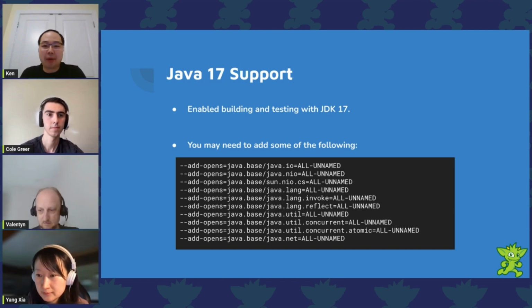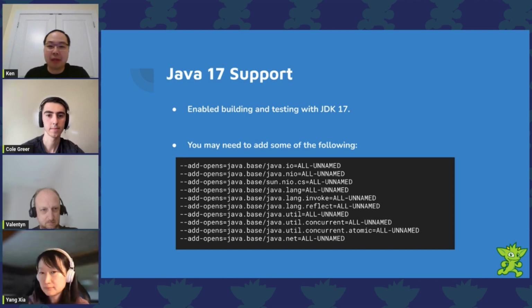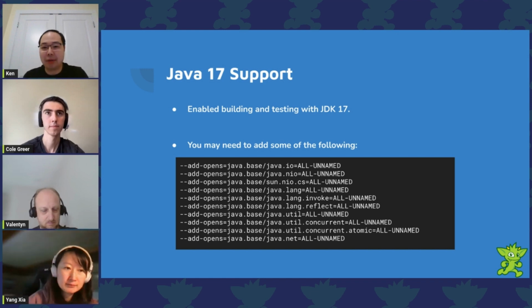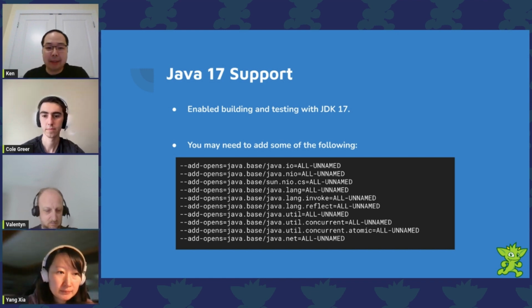Most of the time, you can just use it without having to do this. But if you ever get errors that say it does not open or does not export, then you'll probably have to do something like the example here. These examples are just grabbed from our automated build and testing. Those are the ones we added to make everything work, but a lot of those you probably won't have to add.